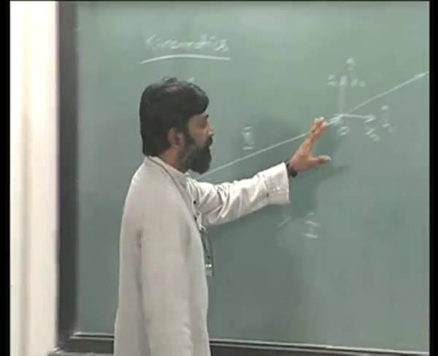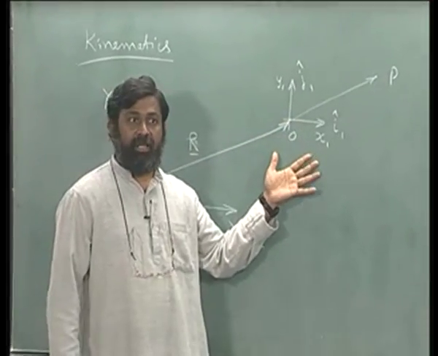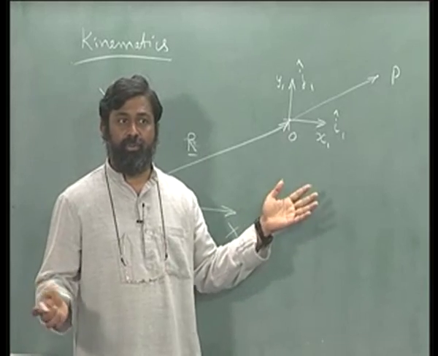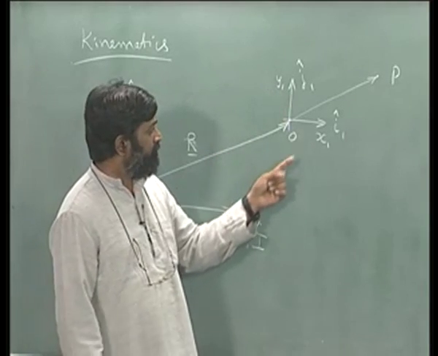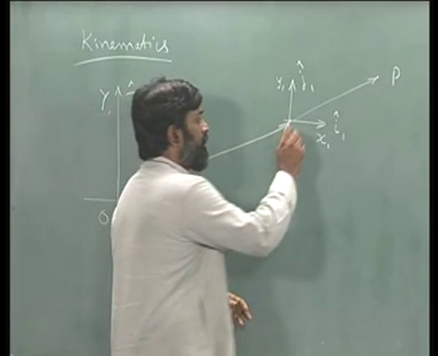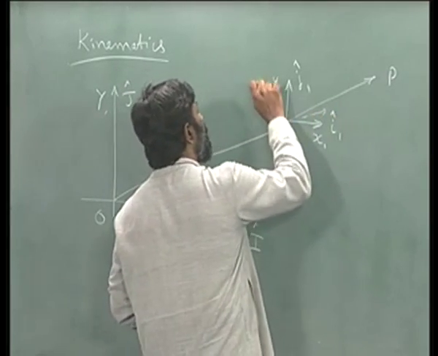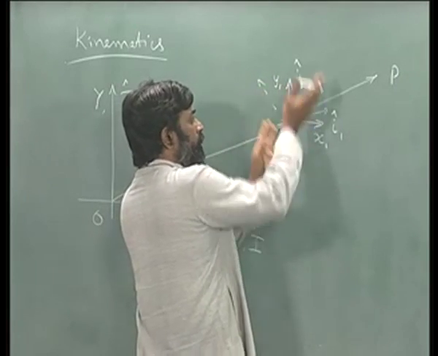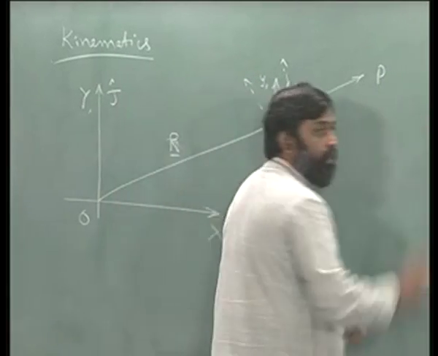The moving frame of reference can do two things. I am just going to stick to those which are Cartesian frames. Now, these two could probably rotate. So, this frame probably could rotate as well as move.